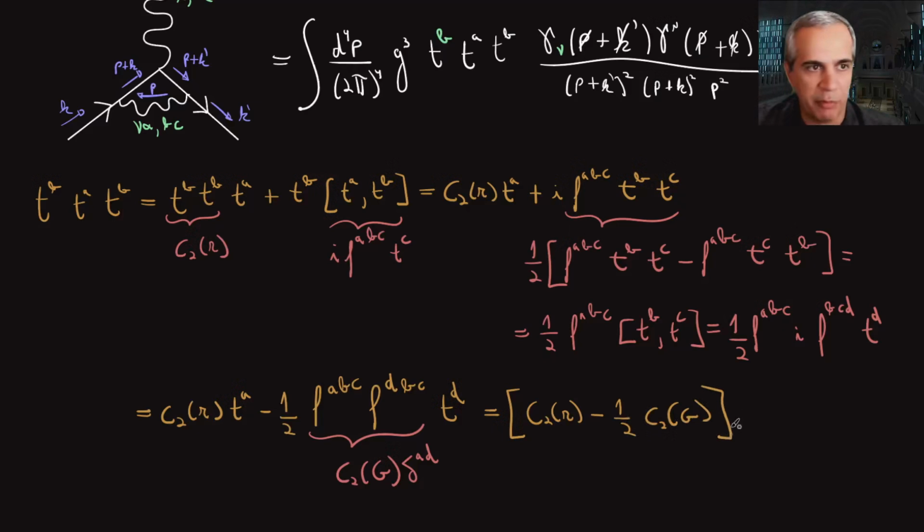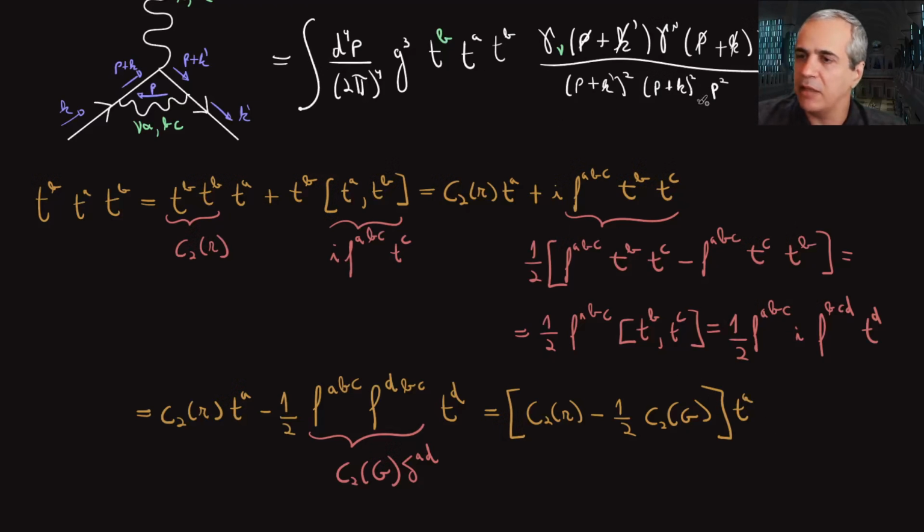And this is all multiplying T^A, because of course this has the structure of having indexes of a generator. It's the vertex for this interaction. If I go back with this to this expression, then I can remove the color factor out of the integral.